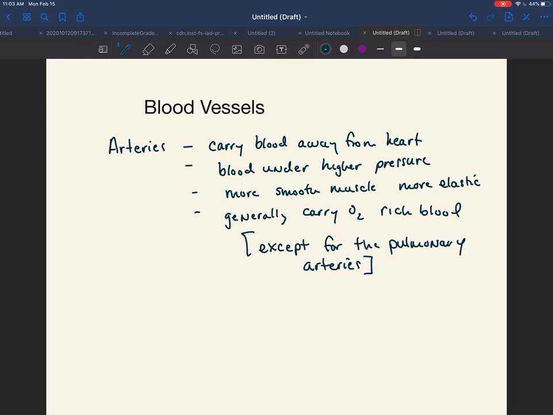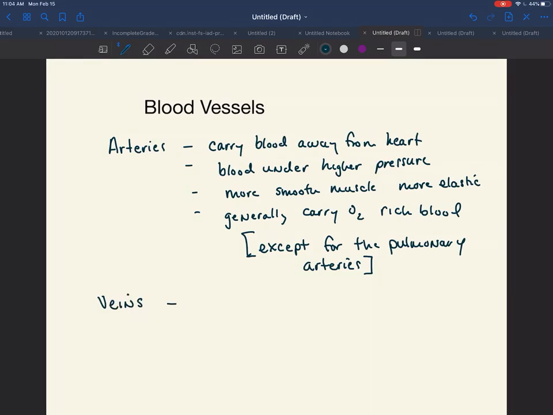And that is because they are carrying blood from the heart to the lungs where they're going to actually pick up oxygen. And so this is confusing because a pulmonary artery is blue in the diagram rather than actually being red, but it is an artery. So the arteries are not always red. In the case of the pulmonary artery, it would be blue.